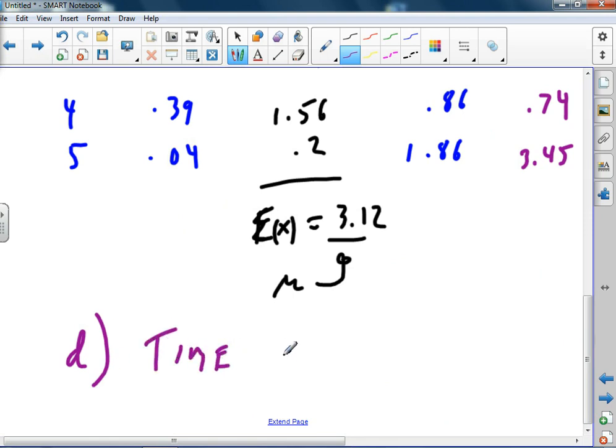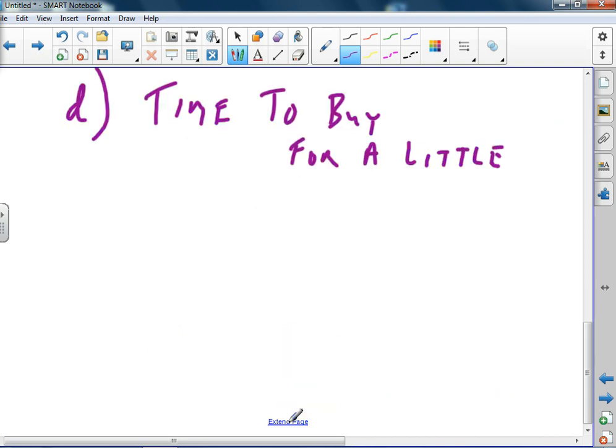Yeah, but it's still going up. Oh, yeah, time to buy for a little while. Well, one strategy is to buy low and sell high, right? Another strategy is just to buy.